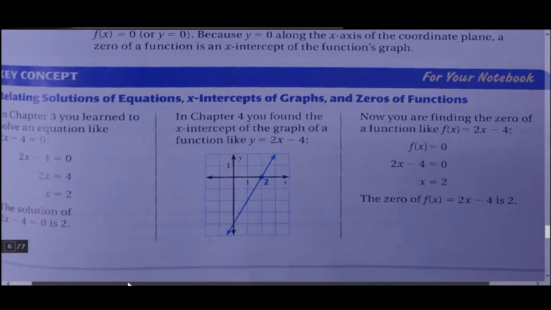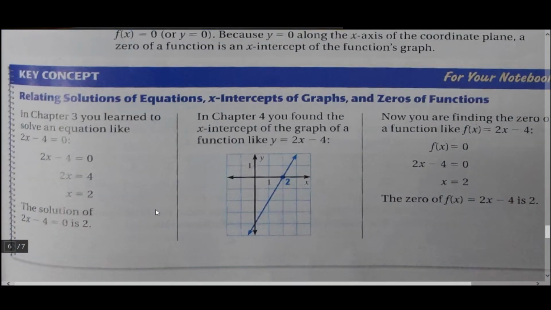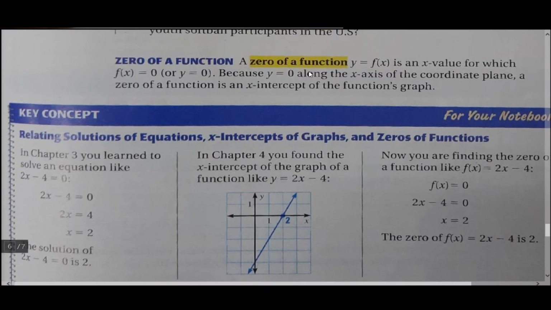Okay, finding zero. So in chapter 3, finding a zero, basically a zero function is when f of x equals 0, okay? So you solve for x, okay? So you learned how to solve it like this, 2x minus 4 equals 0, 2x equals 4, x equals 2. Or you learned it's the x-intercept, okay?